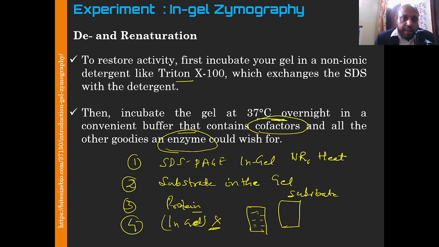The disadvantage, because we have to look into the limitations, is that it is a little bit of a cumbersome process. The second thing is that you cannot find the exact activity. You cannot quantify exactly; you can quantify semi-quantitatively, but the exact quantity cannot be measured with in-gel zymography. So with this I will stop here. Thank you.